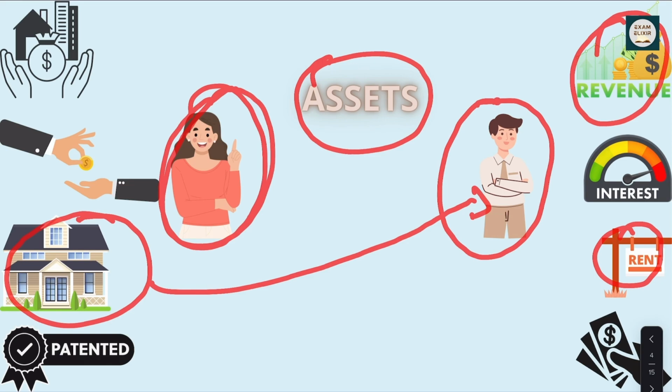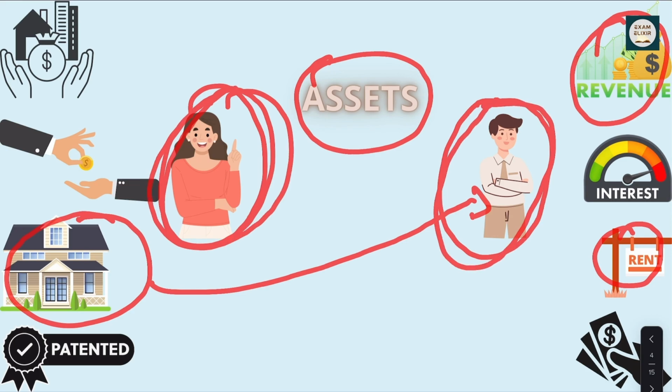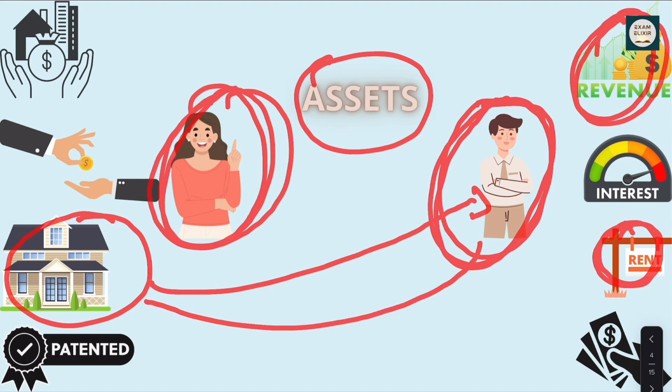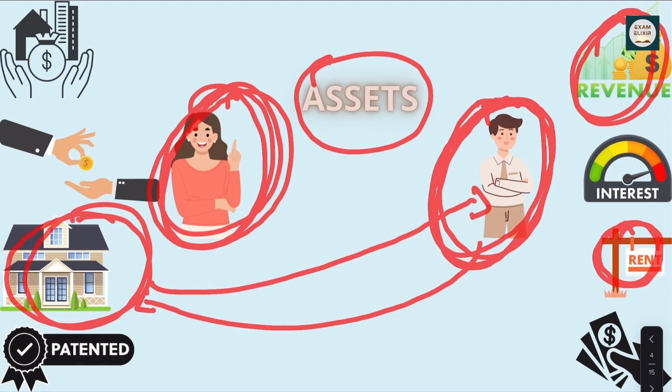Because he does not own it, he owes it to this lady, right? Second, he has to pay revenue on this in the form of rent. Third, after the term of contract is over, this gentleman has to return this house to the original owner. Hence this house is a liability for this gentleman, right?